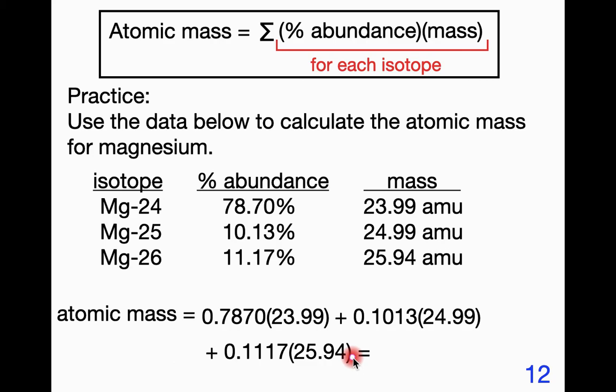Then hit the equal sign, and you should get 24.31. Now, if you're not getting that, please pause the video and go back and retype this into your calculator.